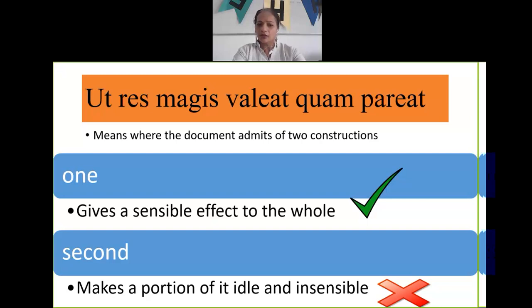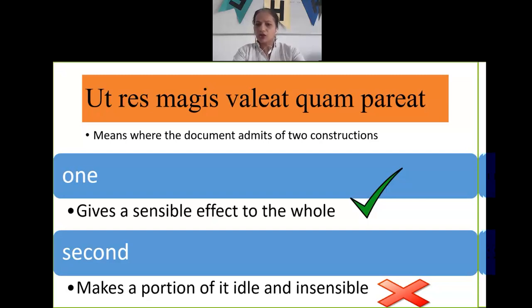Then, if it is possible to separate the effective and insensible parts, we will delete or disregard the insensible part.